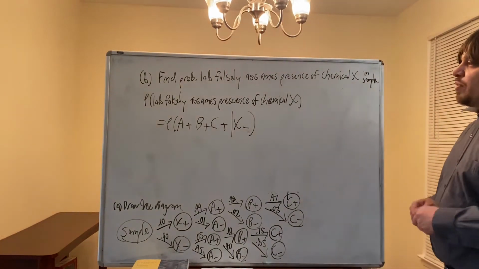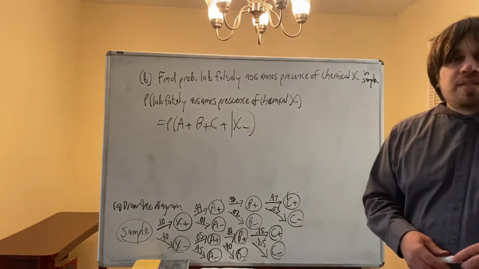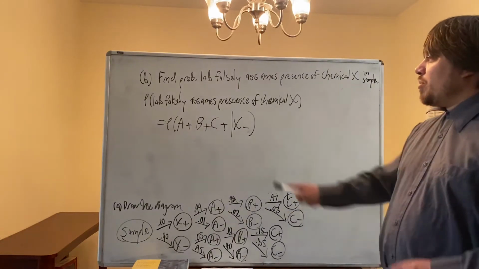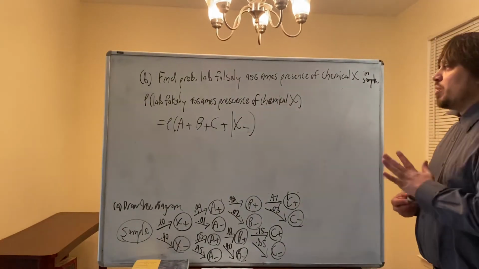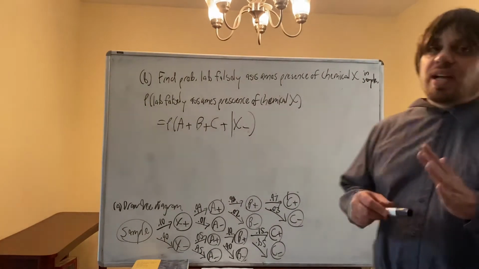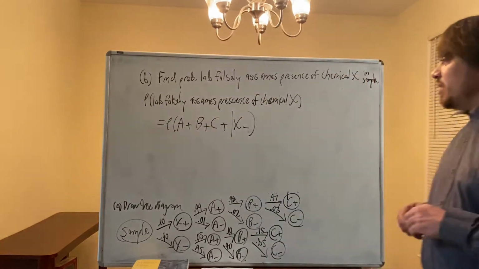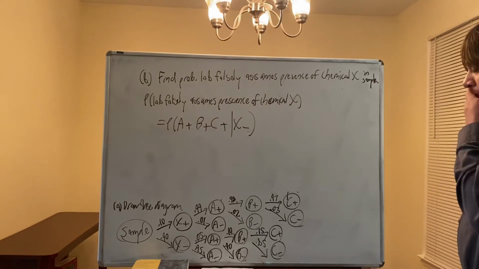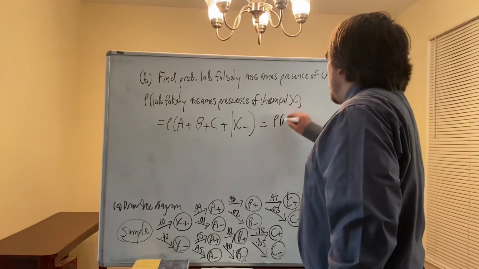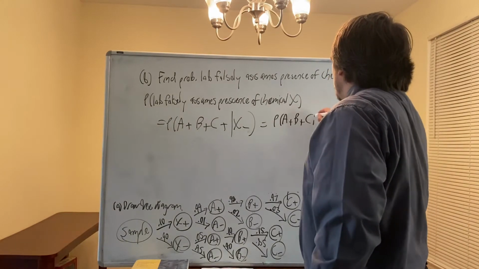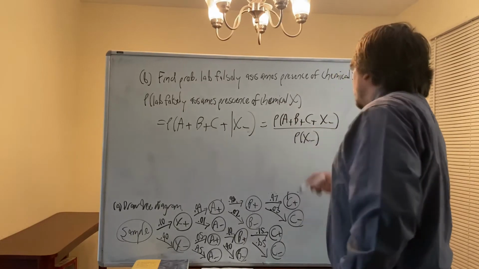So in order for the lab to falsely assume presence of chemical X, not only do all three tests have to come back positive, but it has to be in a situation where chemical X is not in the sample. So we want to find the probability of A plus, B plus, C plus given X minus. Okay, and so what is that? This is the probability of A plus, B plus, C plus, X minus over the probability of X minus.